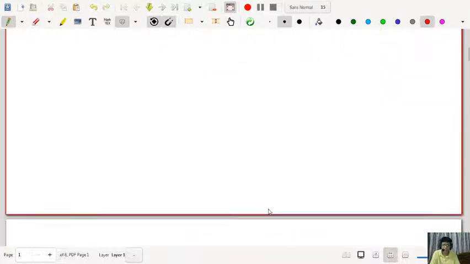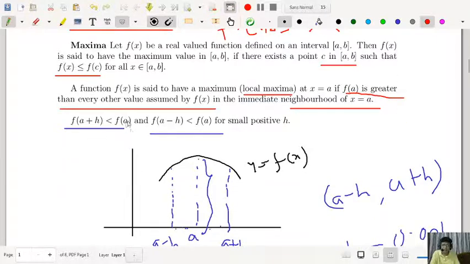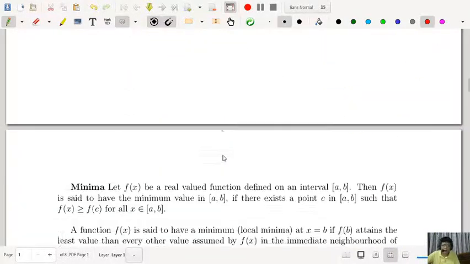Applying this concept of functional value, f(a) greater than f(a plus h) and greater than f(a minus h), gives you the idea that f(x) is said to have a maximum or local maximum at x equal to a. Now how will you define the minima?